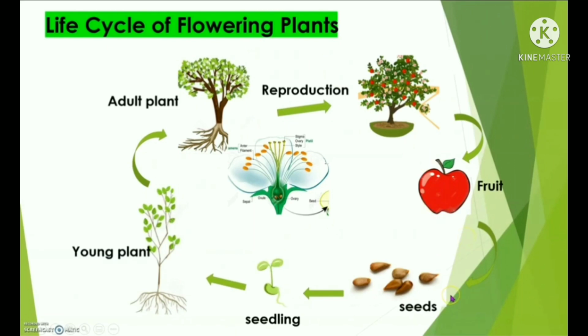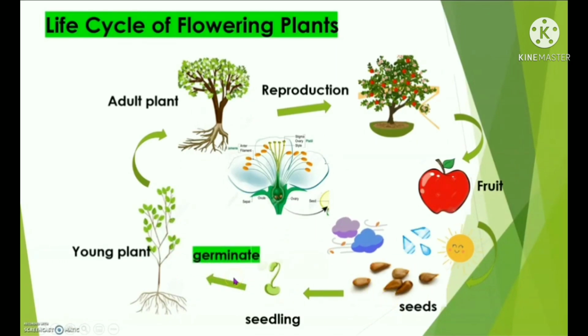So the plant begins its life as a seed with enough air, water, and temperature which is coming from the sun with just the right amount of heat and minerals. The seed will grow or germinate. It will germinate into a seedling.